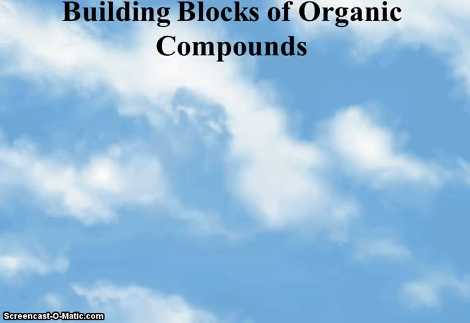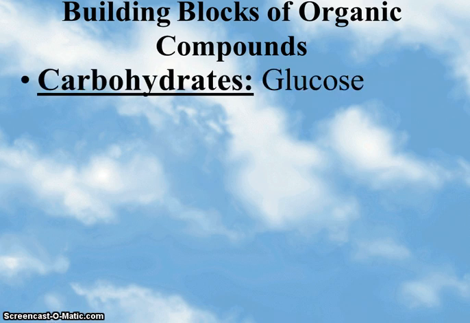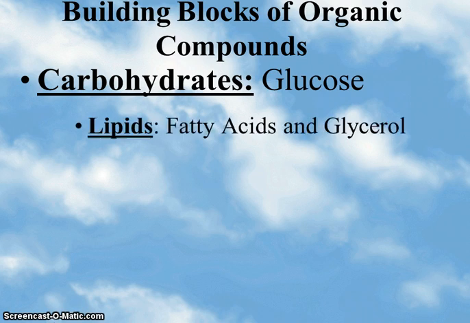So if we go back over all the organic compounds or biomolecules that we've talked about in this section, carbohydrates were the first type that we talked about. It literally meant carbon, hydrogen, and oxygen. And the building blocks of carbohydrates are monosaccharides, like glucose.